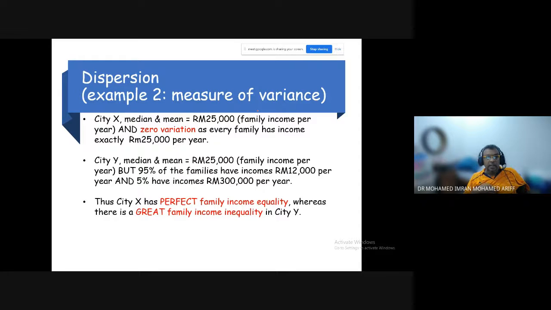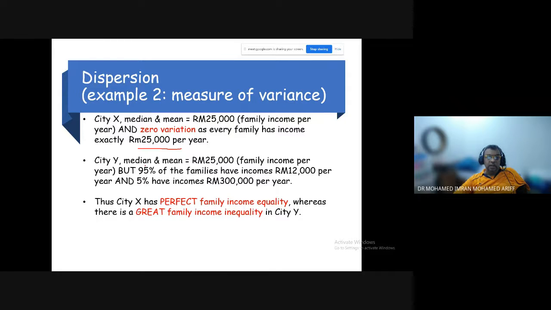Okay, another one. City X, the median, we want to know the family income. So in city X it is 25,000 and zero variation, as every family income is exactly 25,000.